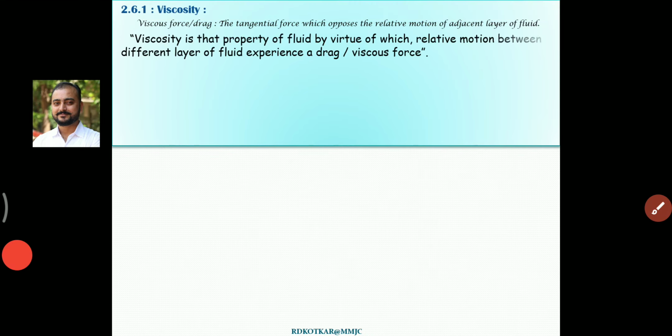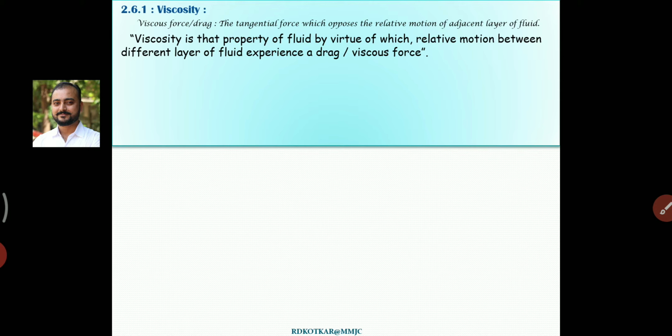Now the definition of viscosity. Viscosity is that property of fluid by virtue of which the relative motion between different layers of fluid experiences the drag or viscous force. Virtue means a good thing.